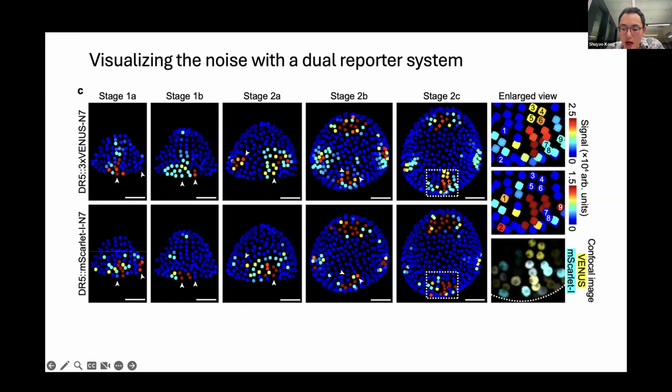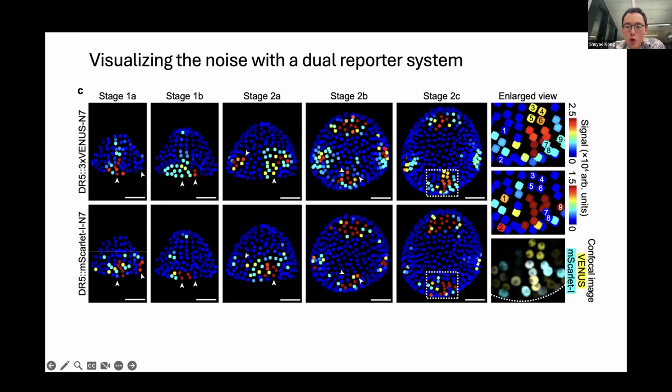But when you zoom in on one part of it, for example this part, which is the incipient inner sepal primordia, and look at the Venus signal versus the mScarlet signal, the signals are actually quite different. For example, there are these four cells with absolutely no expression of mScarlet, but they actually have strong expression of the Venus reporter.